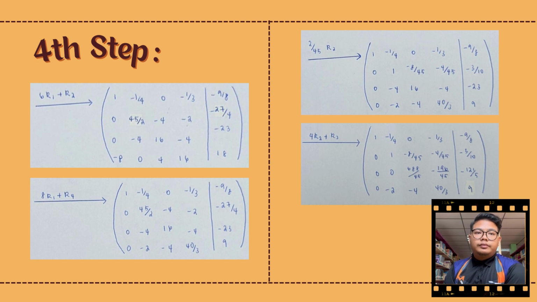And next, we do the same thing for the leading one. Below the leading one, we need to get a 0 value. So for R2 plus R3, it will be 0, 0, 688 over 45, negative 196 over 45, and negative 121 over 5.